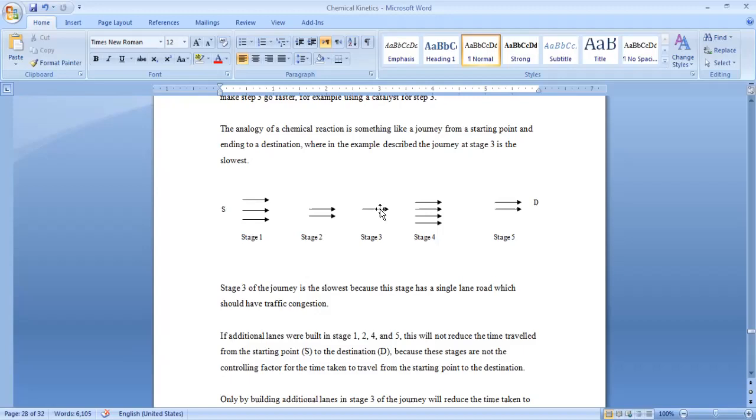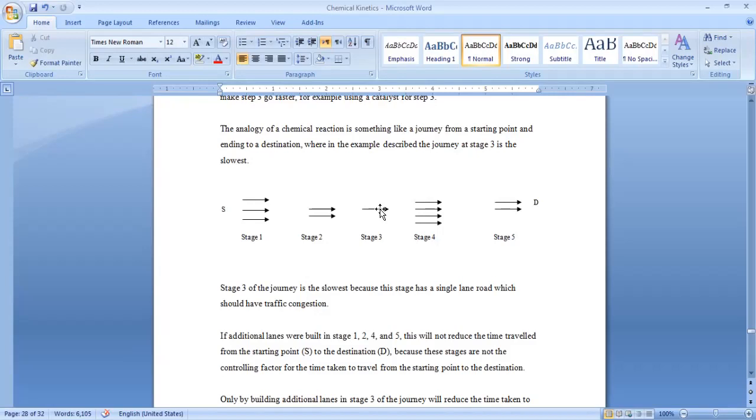So which is the rate determining step? The slowest step is definitely stage number 3 because it takes us 1 hour. Compare 1 hour with 1 minute, it is a huge difference.